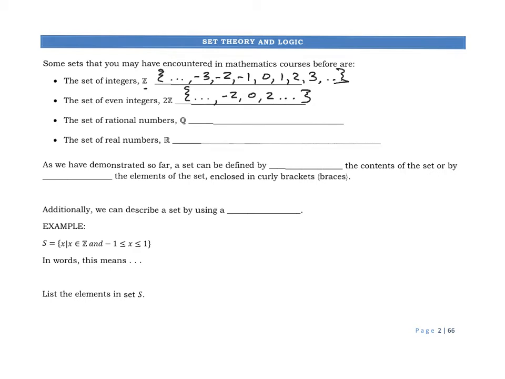The set of rational numbers. Now you'll notice I listed the 2 infinite sets. And then a set of rational numbers, I'm going to go ahead and describe them. So a set of rational numbers is a real number that can be written as a ratio of 2 integers.